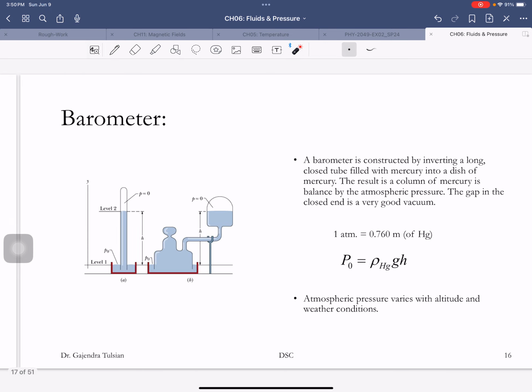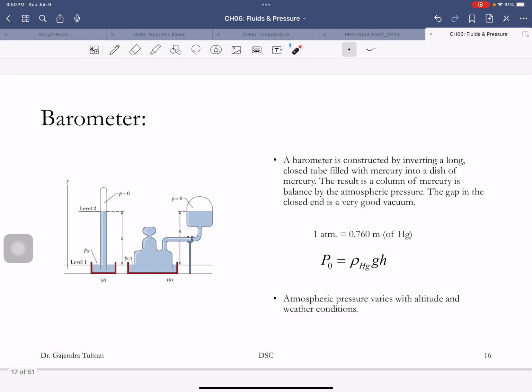A manometer measures gauge pressure, while a barometer actually measures the actual pressure. Here's a mercury barometer. What you can do is take a tube, fill it with mercury, put your thumb across it and invert it in a bath of mercury, and the mercury will drop, and this will be a perfect vacuum.